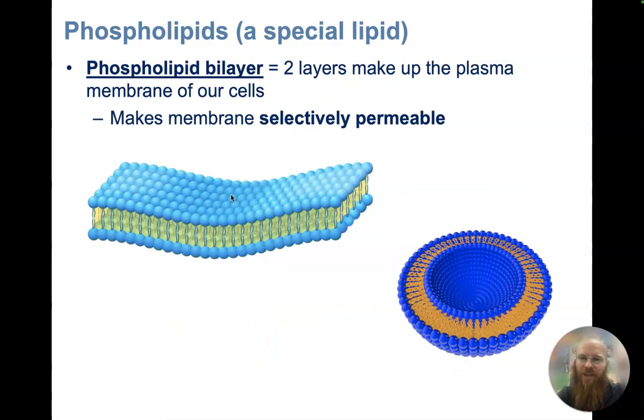And to finish up our conversation, this is why we wanted to know about the water loving and the water hating aspects of the phospholipids, because these are a really, really important type of lipid because they literally create our cell membranes, those outside boundaries that allow certain things in and allow certain things to leave the cell as needed.